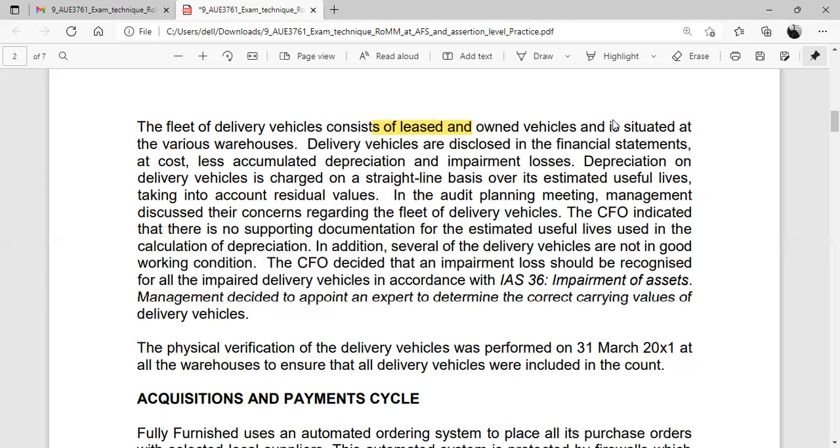Isn't there a risk that this right of use asset could be overstated? Because it goes into the balance sheet. However, we don't know whether these are finance leases. Oh, okay. I think I understand.